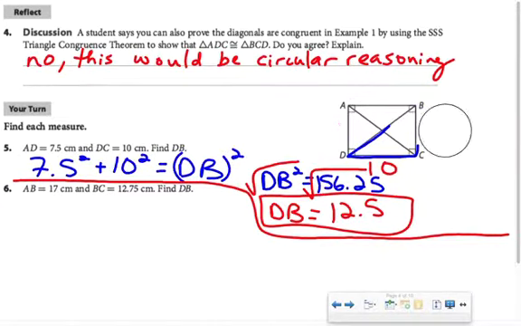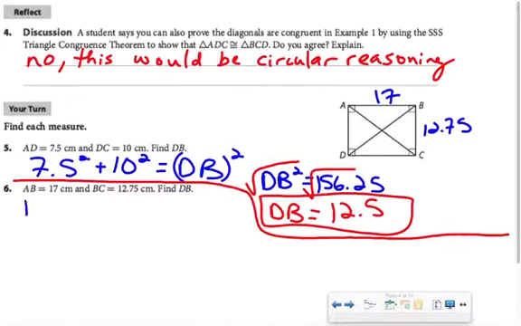In the next example, we're probably doing much of the same. Let's take a look. AB is given to us as 17. BC is 12.75. And they're asking for DB. Once again, I know that the diagonals of a rectangle are congruent, so DB will equal whatever I find to be the value of AC. And if I trace over AC and the segments that they gave me, there's a right triangle for which I can use the Pythagorean theorem.